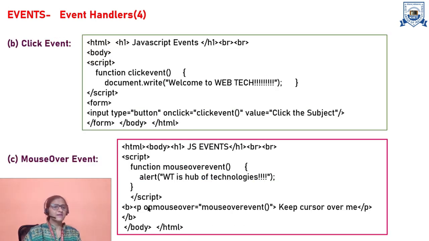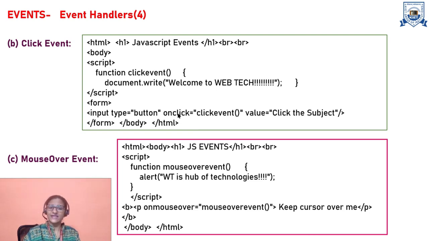Now the click event. In the form we have made a button, and we have used onclick, which means as soon as we click the button, the click event method will be called. The button has the text "click the subject" written on it. So onclick is your event handler.